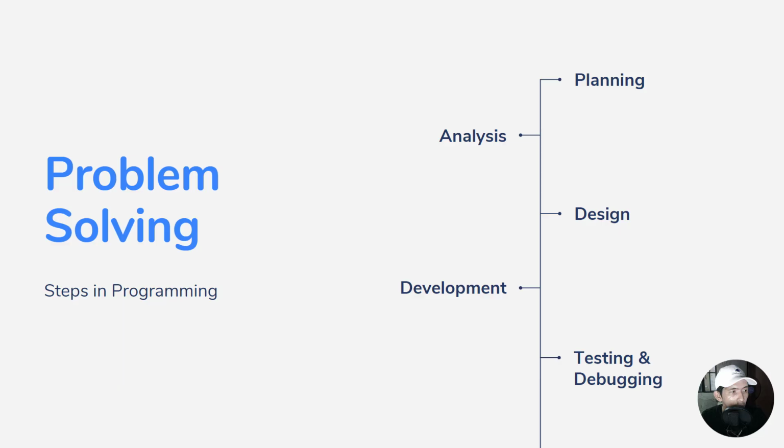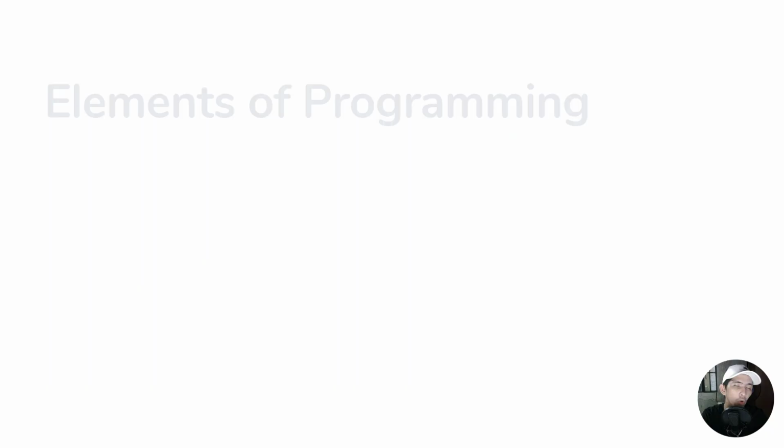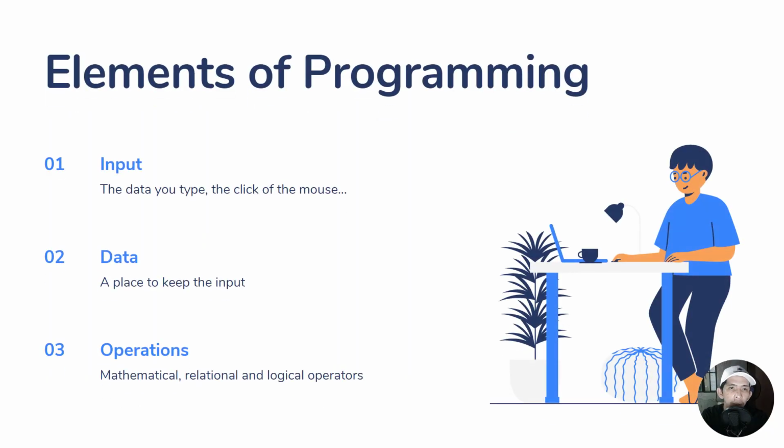Now, let's proceed to elements of programming or the ingredients sa programming. Okay. So, sa programming, napakadami ninyong makikita dyan. If you experience how to program, meron kayong marinig na variable, constant, if-else. So, ito yung tinatawag natin na elements. Okay.